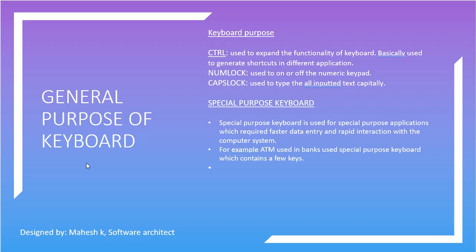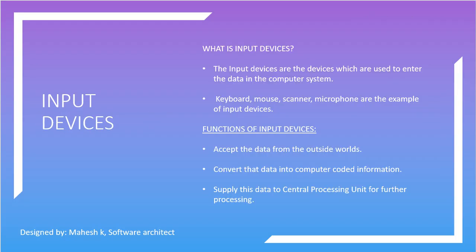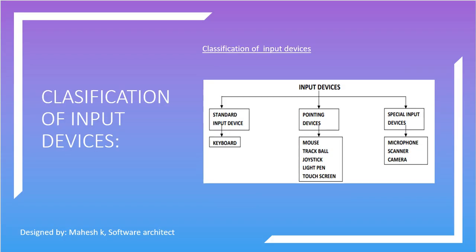So this is all about the input devices of computer. What we have learned today is what input devices are, the function of input devices, the classification of input devices, and the different types of input devices: standard, pointing, and special input devices.